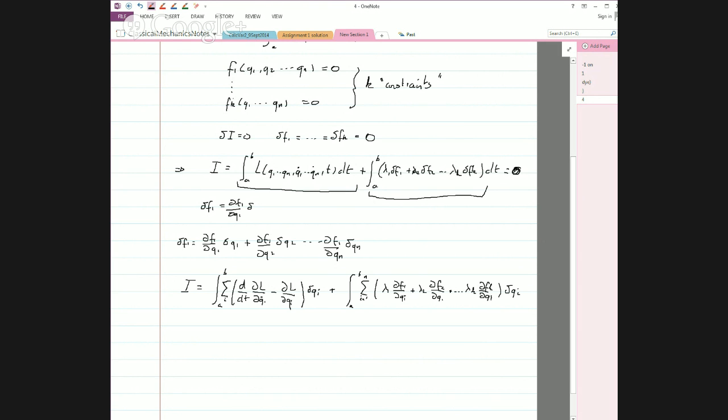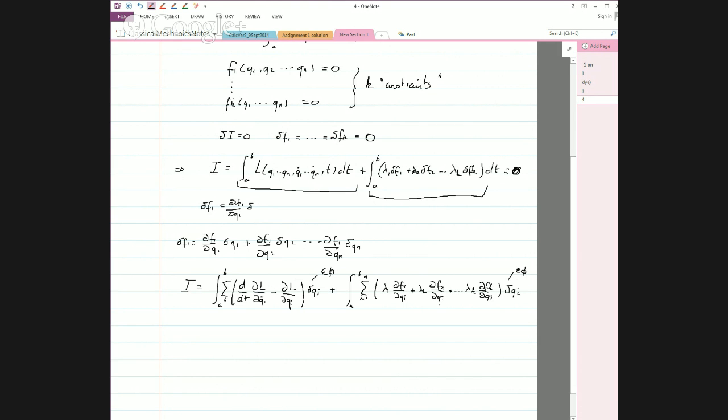So qi, qi. Okay? And so now we have this delta qi here, right? That's the epsilon phi term. So we divide the epsilon out, and then this term has to be 0 regardless of our choice of phi.